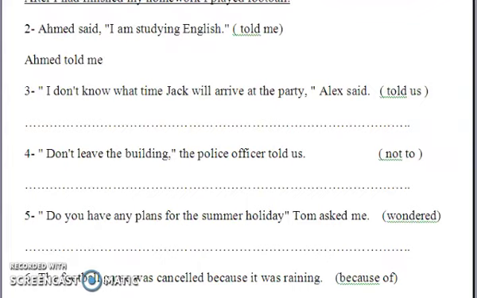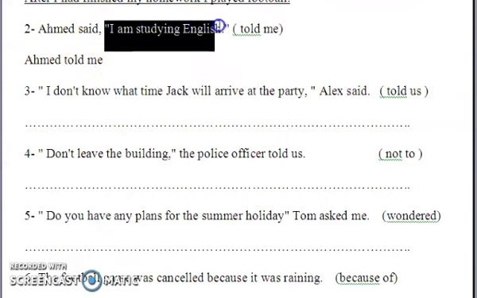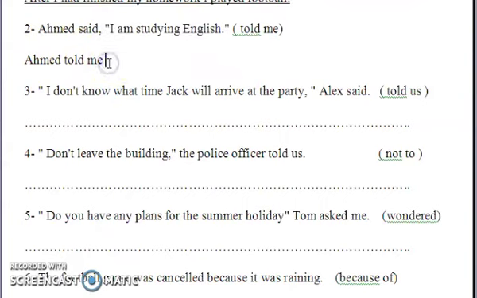Then I use that because here I have a sentence. If I have a sentence, I use that to join the two parts.